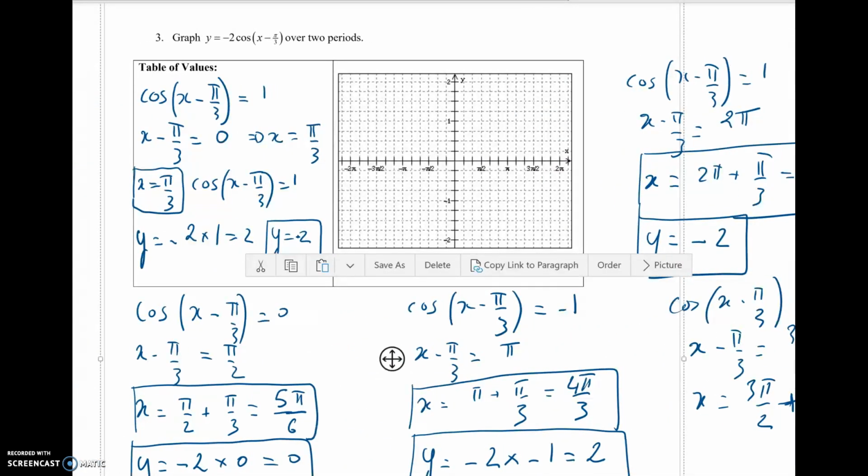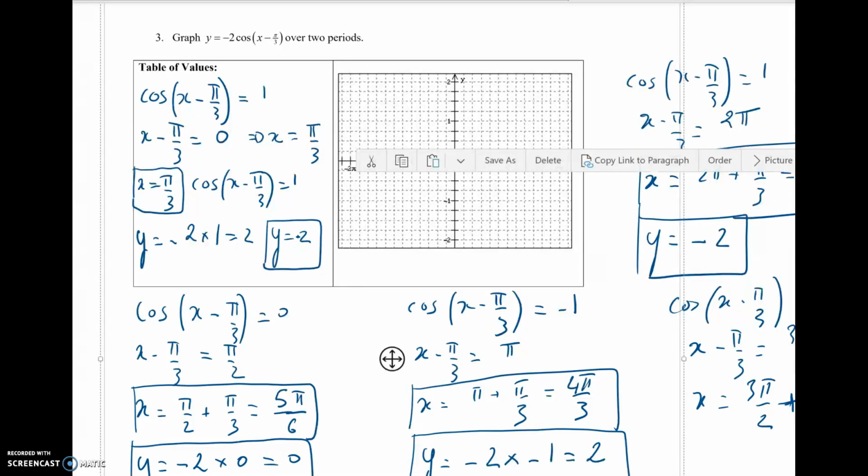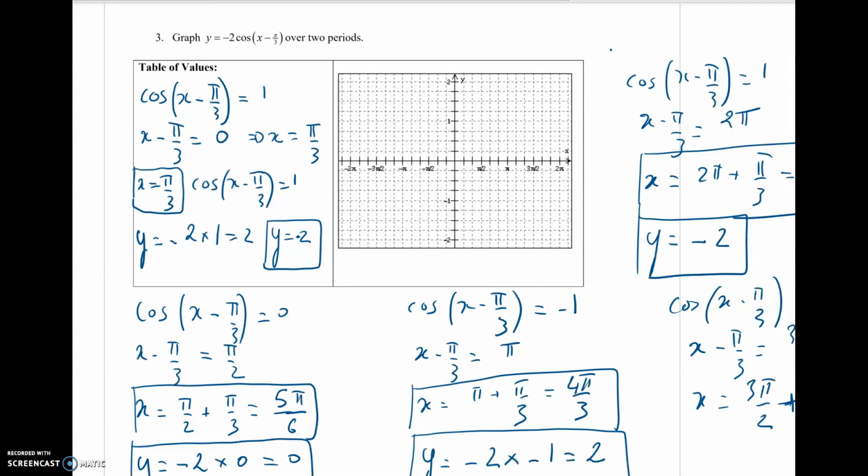Now what I want to do is graph this function. To graph it, I'm going to look for pi over 3. Pi over 3 is right here. So when x equals pi over 3, I know I'm supposed to be at negative 2, so I'm right here.